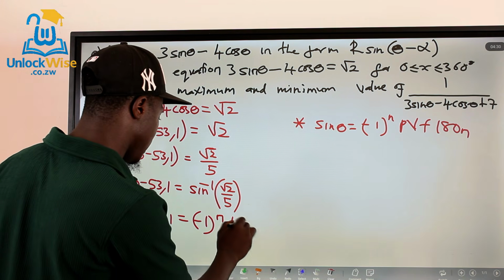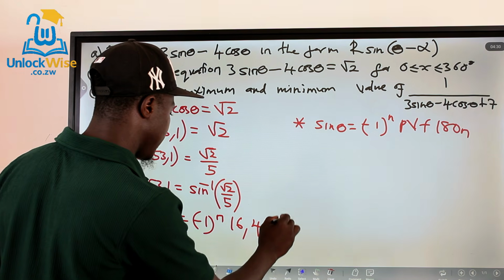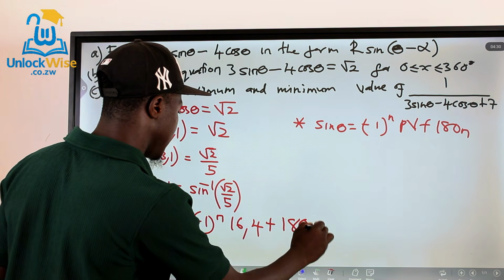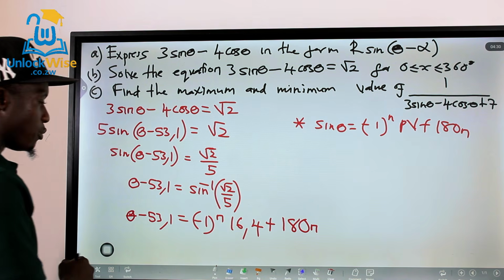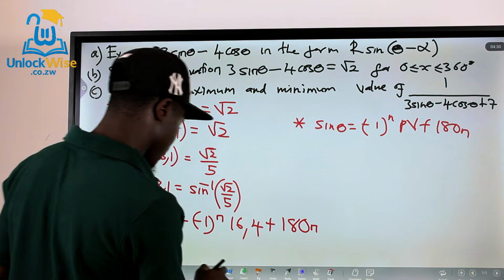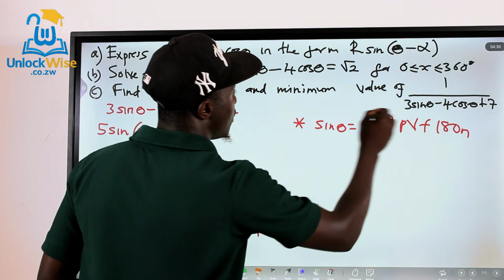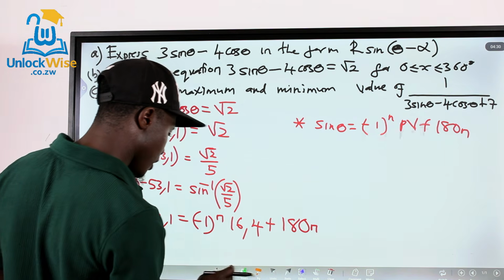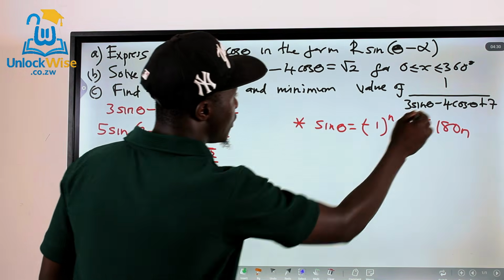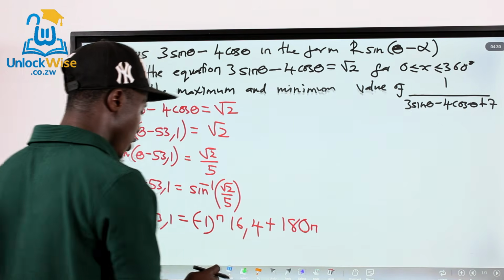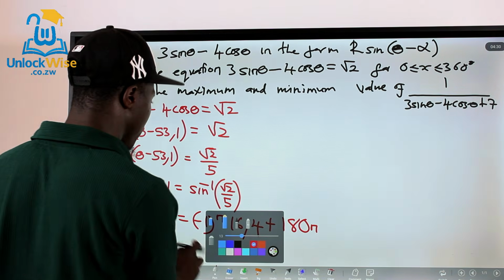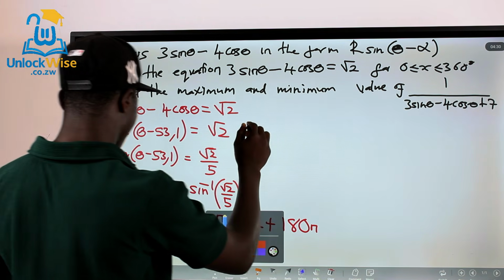That is equal to 16.4 plus 180n. Right. So since we already have now the principal value, we need to find the possible values of theta. So now how do we find them?